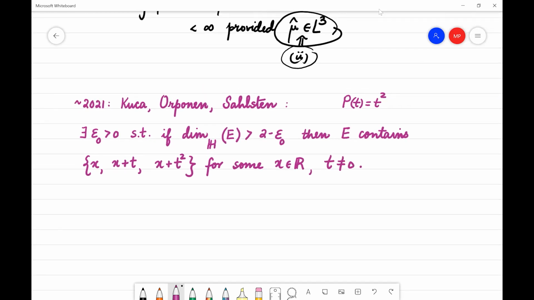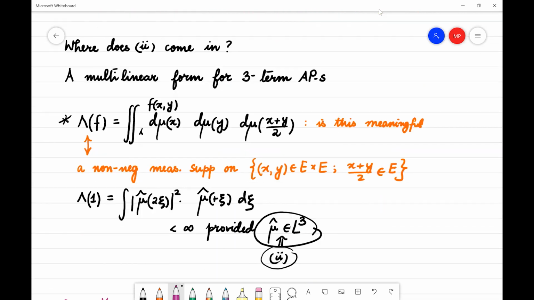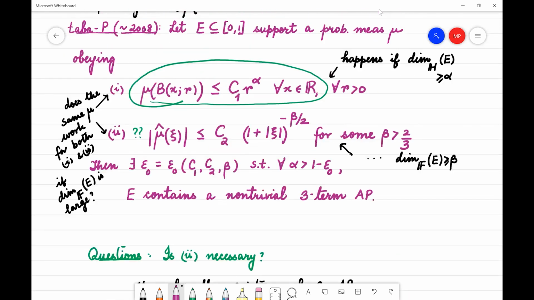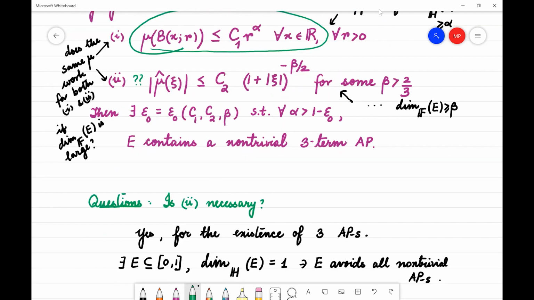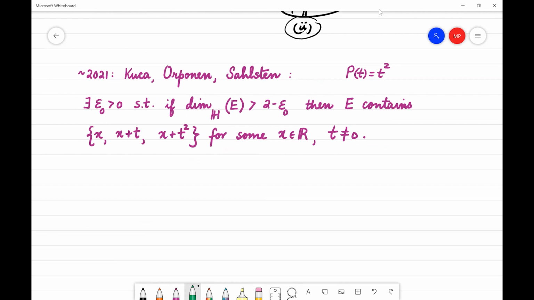And the reason this is exciting is that, apart from dropping condition 2, it goes back to the Fourier decay condition that we had, and it shows that of course 2 is not necessary, but they do say that some kind of smallness of the Fourier transform is important. Then they construct a measure which has this smallness property.